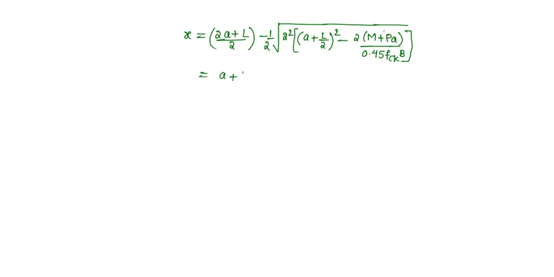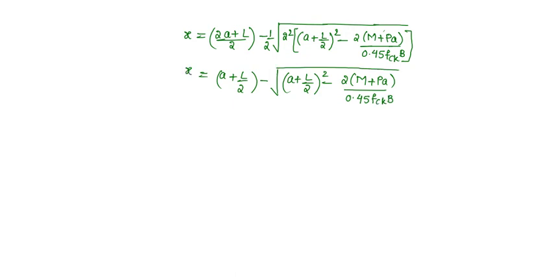Here it is (a plus L by 2) minus under root of (a plus L by 2) whole square minus 2 times (M plus P a) by 0.45 fck into B, whole root.